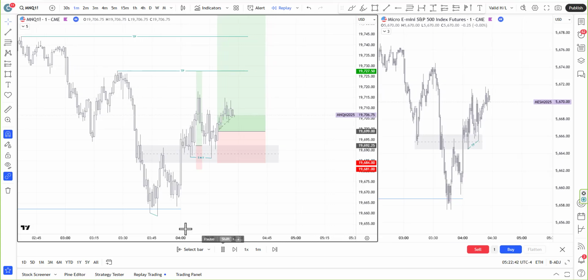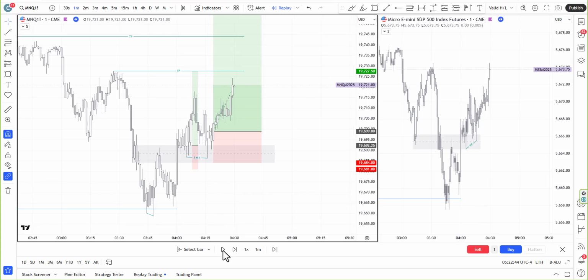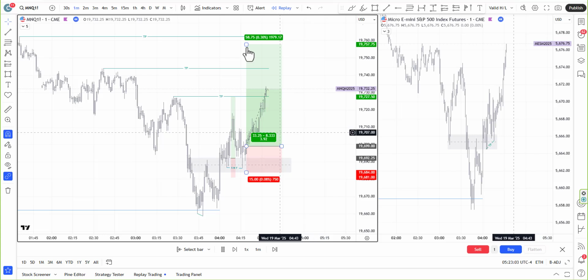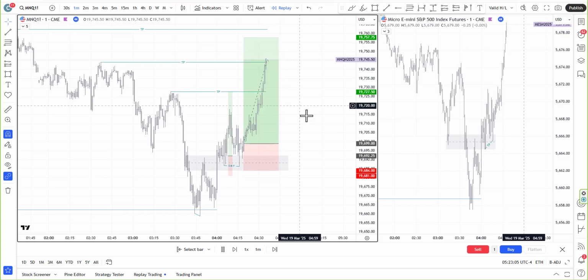So now you did, by the way, have the opportunity to scale or place your entry at the breaker block, but of course you're not sure, because it can also just move away, just like it did for ES. So then it's market opening or just placing your limit. So this is your first TP hit, and then it starts moving, right?